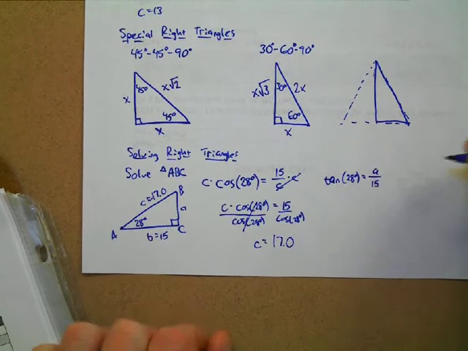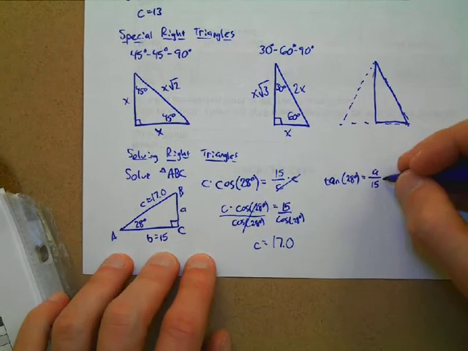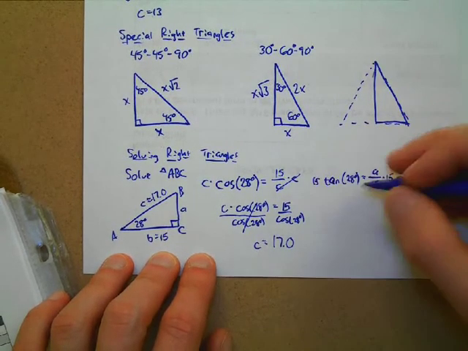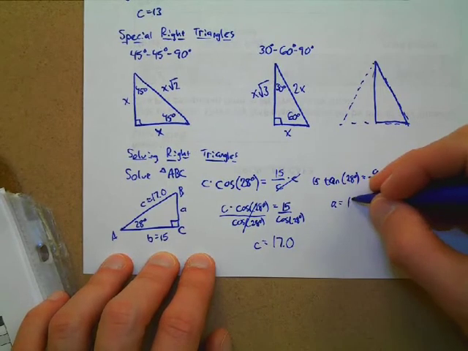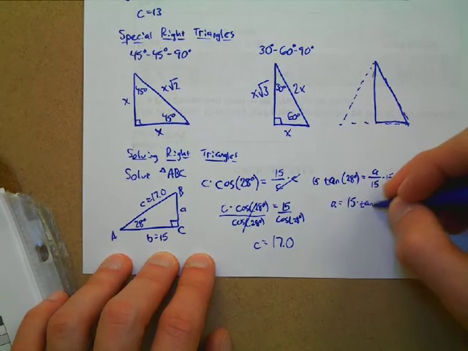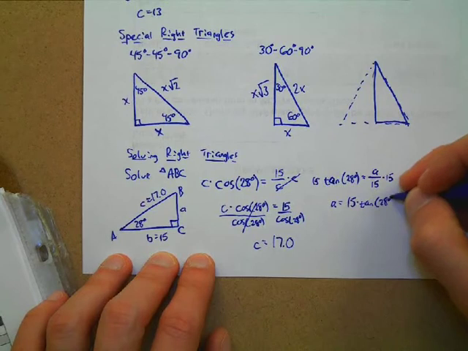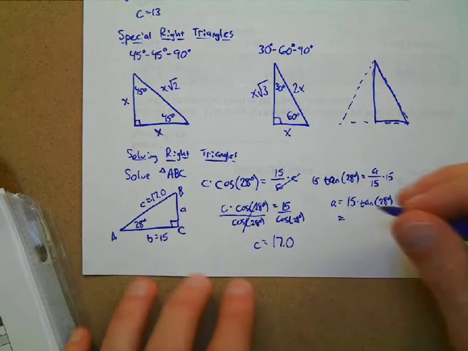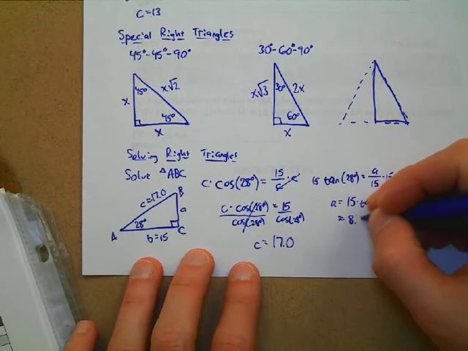And we solve in a similar fashion here, but now I just need to multiply both sides by 15. Okay, and so I get A equals 15 times the tangent of 28 degrees, which is about 7.97, so I'll say it's about 8.0 there.